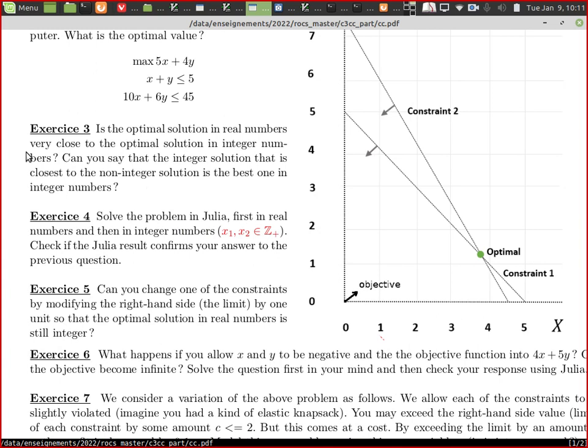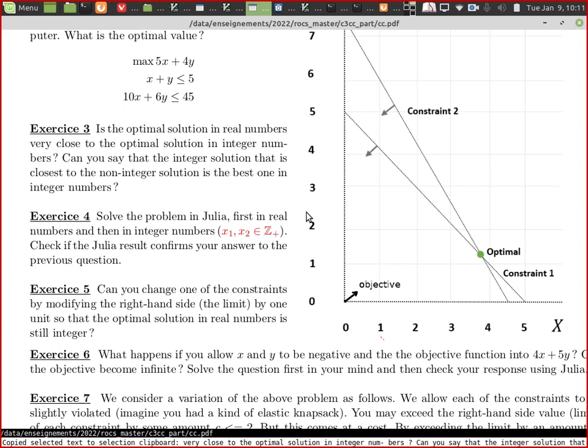Okay. Do you understand the second question here? Can you say the integer solution that is closest to the non-integer solution is the best one? You take the real solution in real numbers.